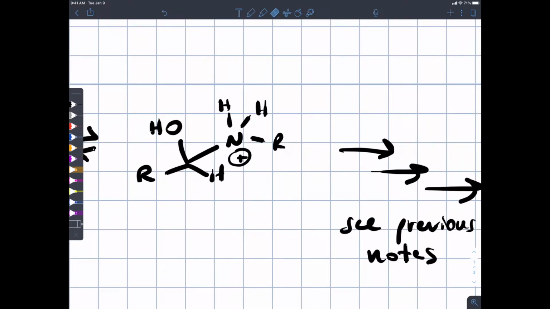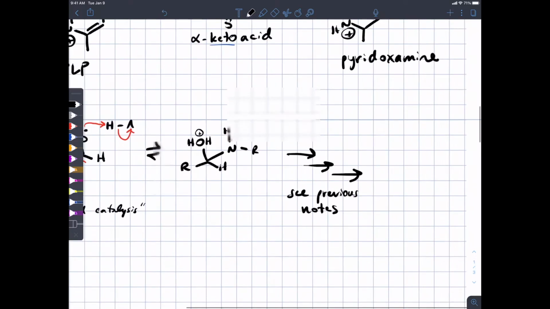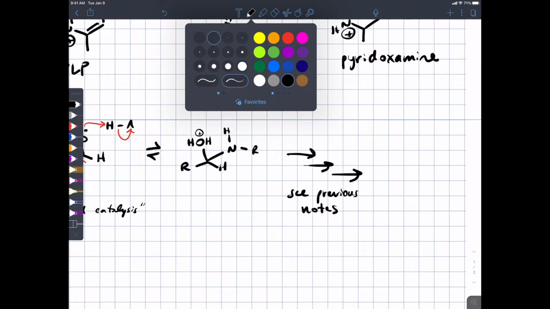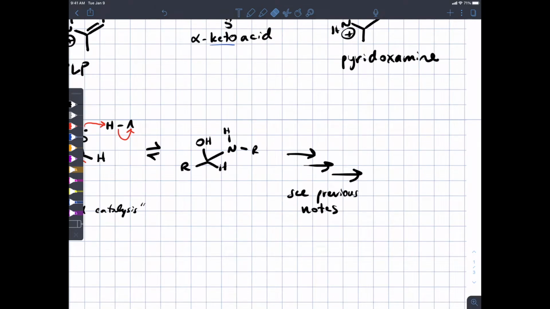So the conjugate base of our acid would remove a proton here to give you the neutral amine. And then the acid would protonate the OH group to give us the positively charged water. And then nitrogen would kick down to give us water as a leaving group. So after a few steps, we would get to the iminium ion.